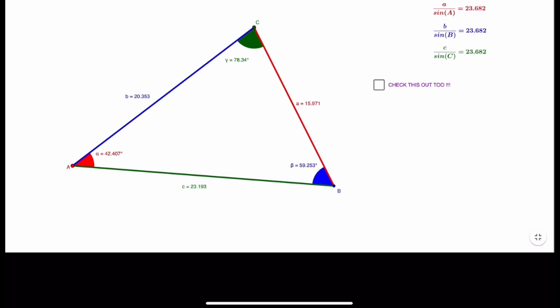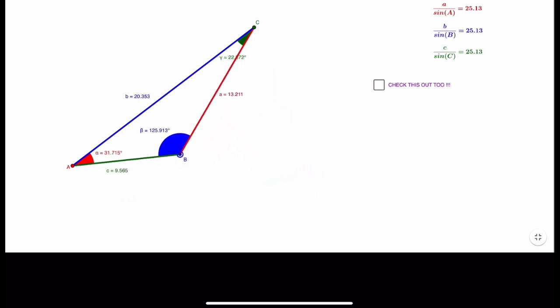If I change the angle again, the measurements of the sides will change, and the angles will also change, but the ratio of a side over the sine of its angle is always the same.